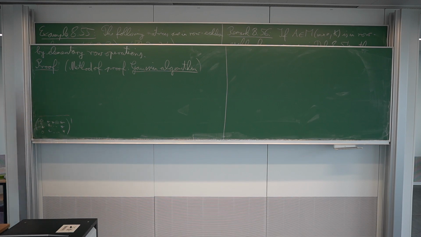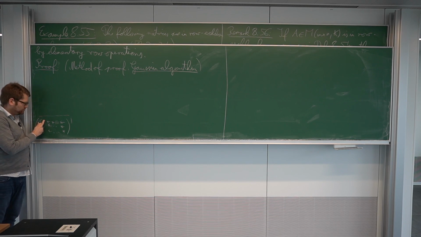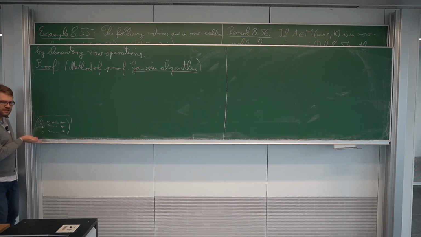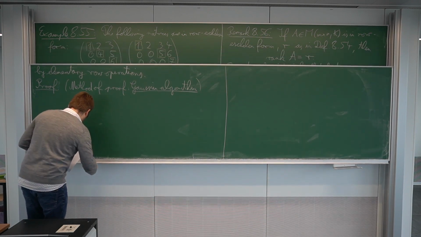To bring this into row echelon form, obviously the first non-vanishing entry should be in the first row. So the first thing we need to do is to bring this to the first row, and there's an elementary row operation which is perfect for doing so, namely just swapping two rows. So first of all, we search for the first non-trivial element in the first column and put it into the first row.